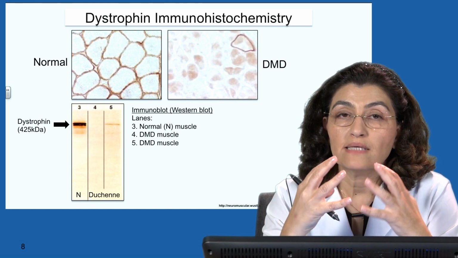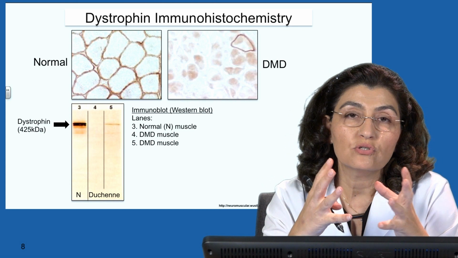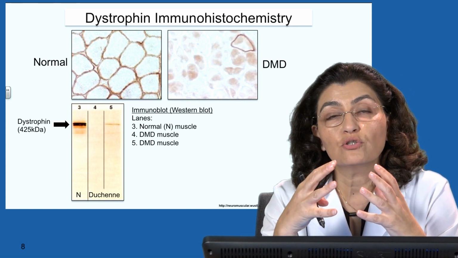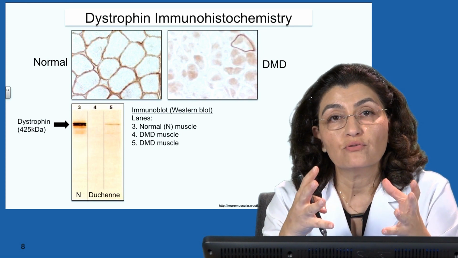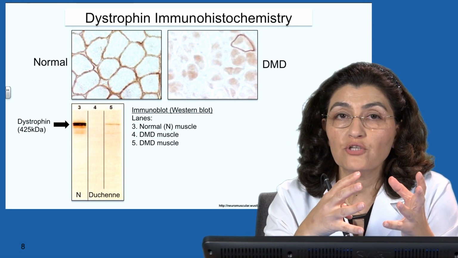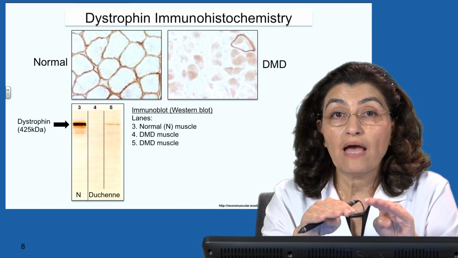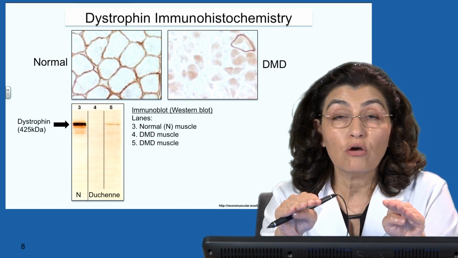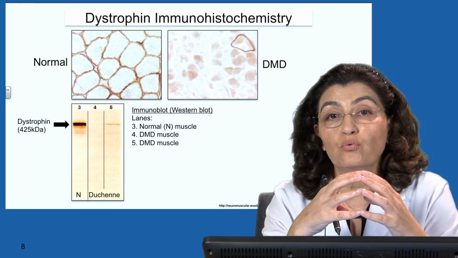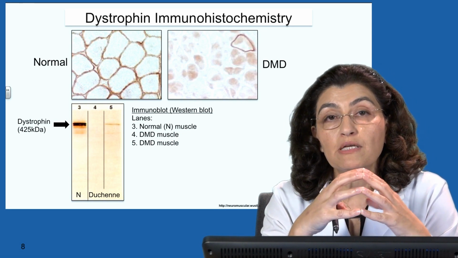If a patient has a suspected clinical diagnosis of Duchenne, and we have a skeletal muscle biopsy that shows fiber atrophy, very round hyalinized fibers, scar tissue, internal nucleation, split fibers, and we have the right clinical setting of a young boy who's not able to walk, then we can think about doing immunohistochemistry.